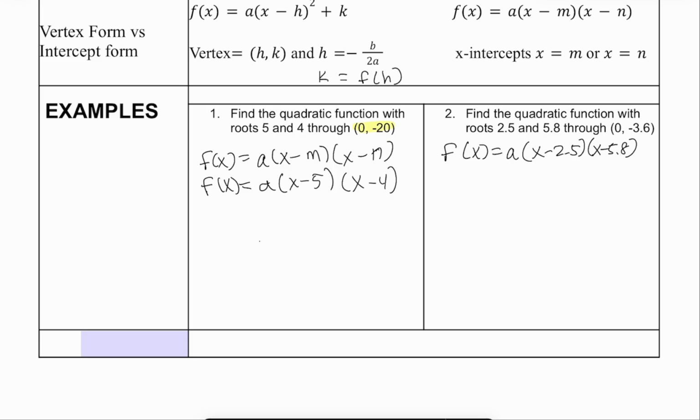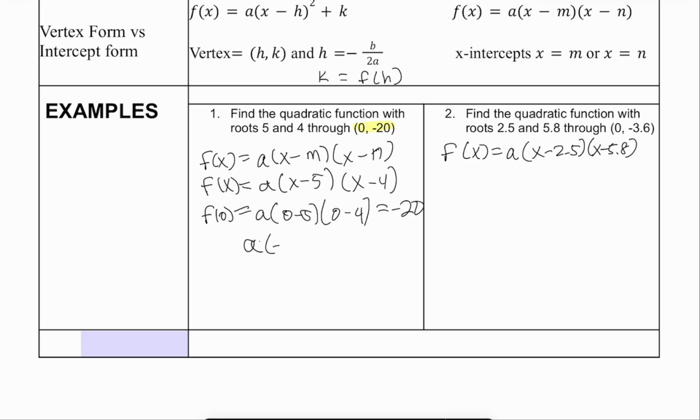Now, they don't give us the a value, and that's why I've highlighted this point right here. Let's take that point and solve for an a value. When I plug in 0, I should get negative 20.